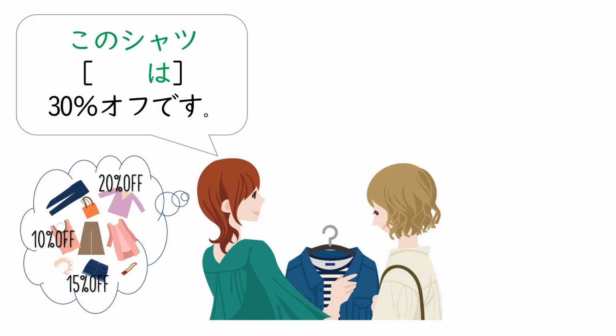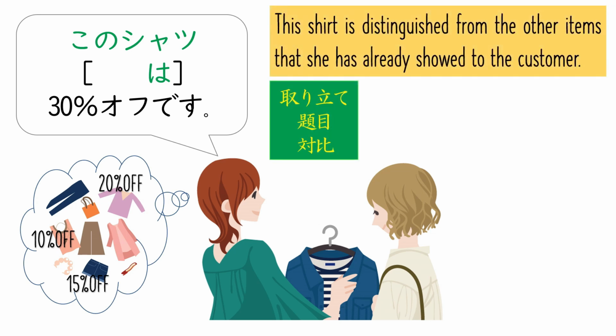このシャツは30%オフです。This shirt is distinguished from the other items that she has already showed to the customer.